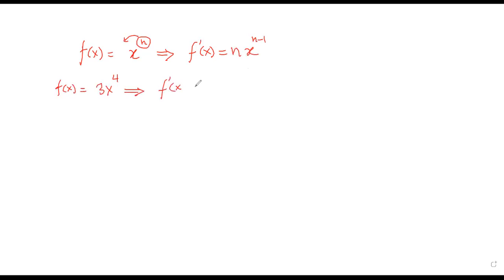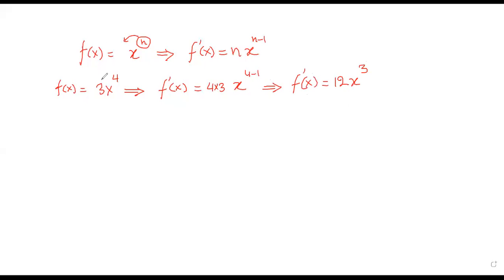The differentiation of f(x) is 4 times 3, x to the power 4 minus 1. 4 minus 1 implies that the differentiation is equal to 12x to the power 3. This is the mechanism of how we do differentiation.